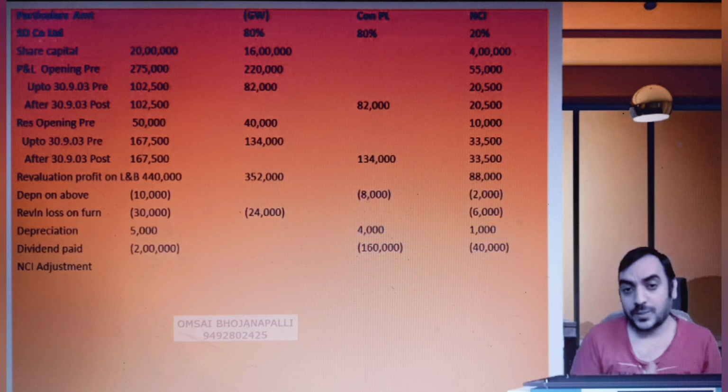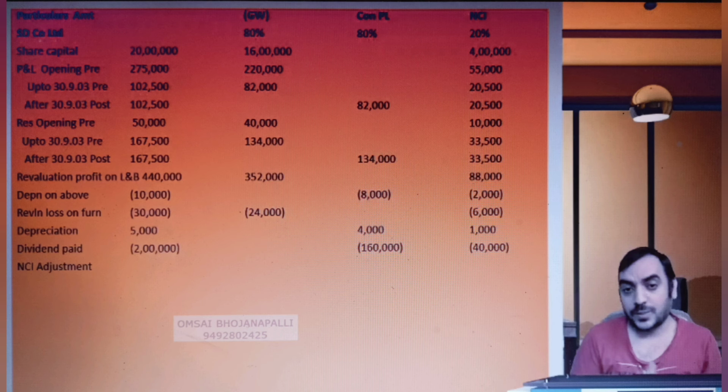Revaluation and depreciation. So we have land and building. First we'll do land and building: as per subsidiary, as per group books, difference. Beginning of the year, 1/4/2003.